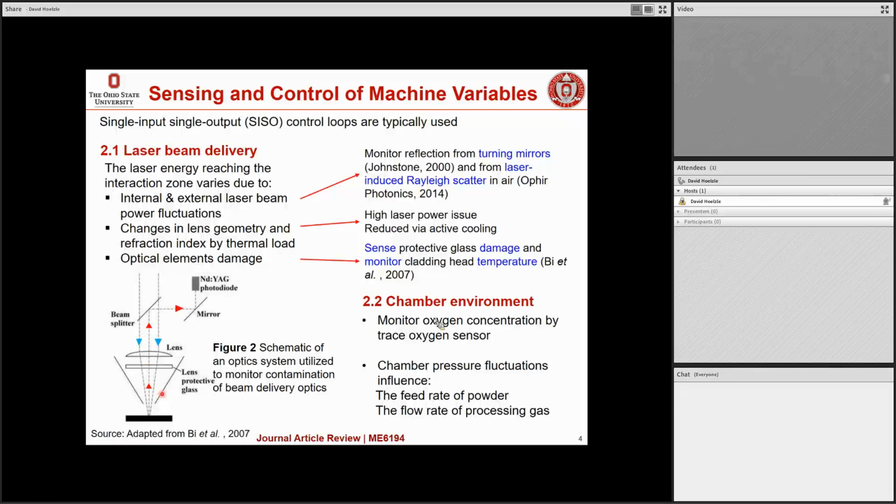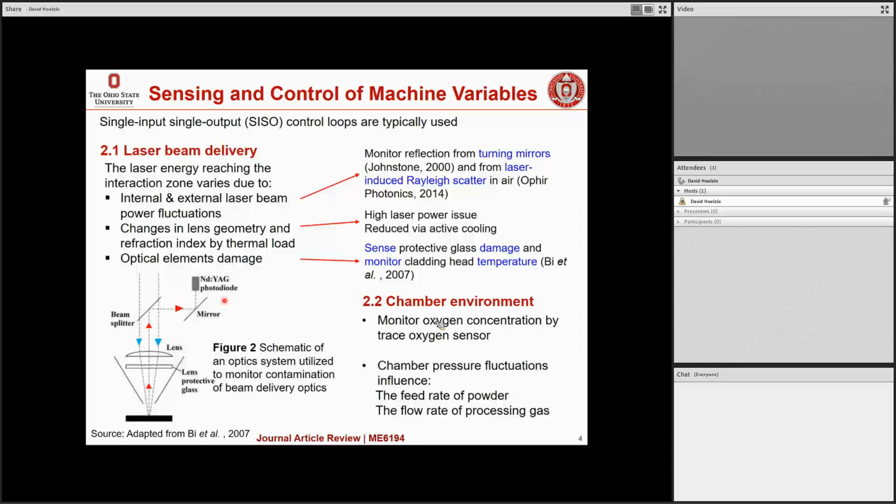And here is the figure showing an optical system that can monitor the contamination of the beam delivery optics. You can see the incident laser here, and then the reflection of the laser goes to the sensor here. It can measure the reflection.